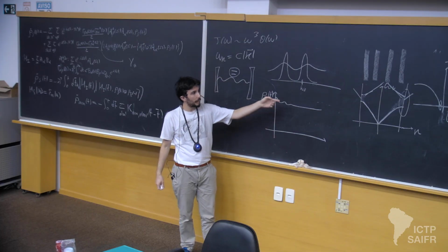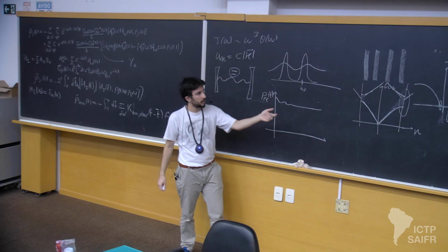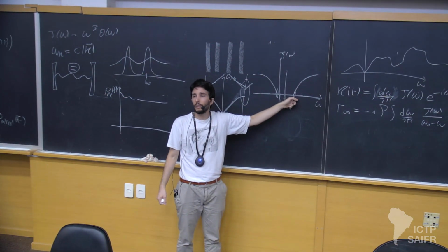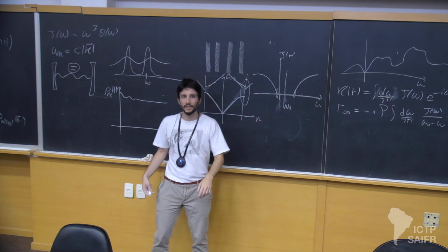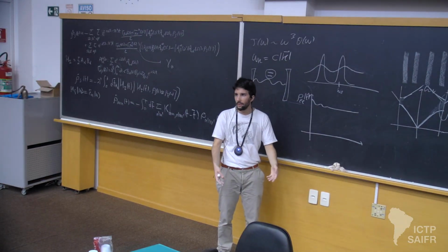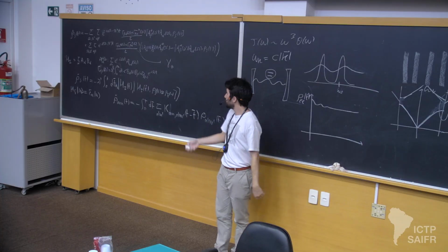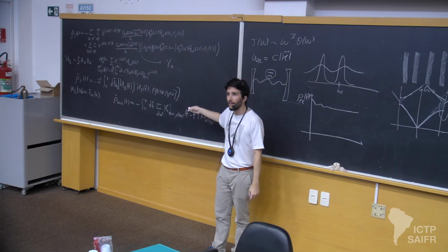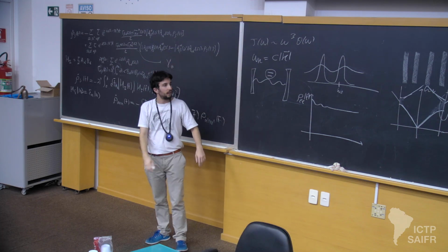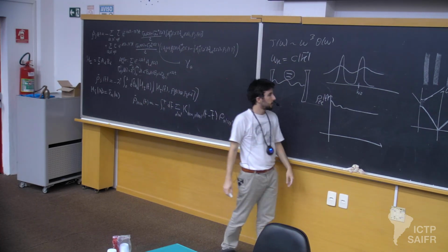And what is actually happening in this case is that the photons here are so slow that they form a bound state with the atom. So the system is actually relaxing to a bound state. And you cannot predict a bound state with second-order perturbation theory. So all this machinery here fails completely in this case.